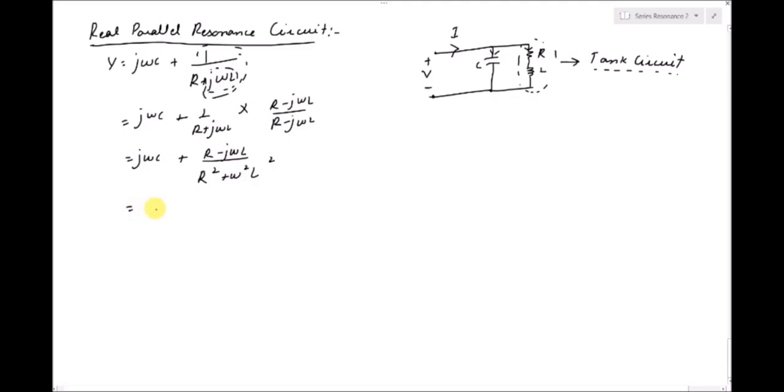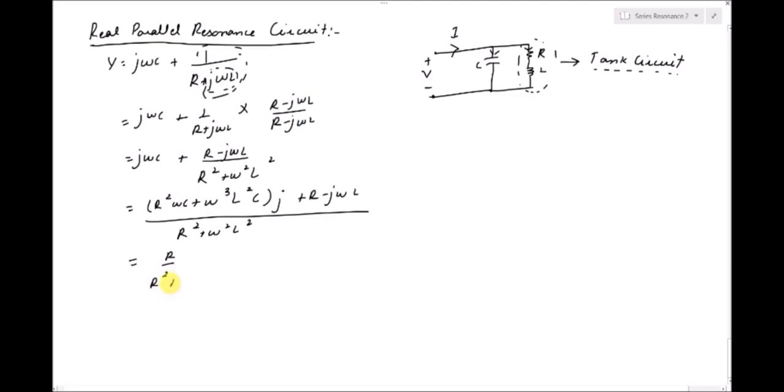So after simplifying, it will become R square omega C plus omega cube L square C j plus R minus j omega L over R square plus omega square L square, R over R square plus omega square L square plus R square plus omega square L square minus omega L over R square plus omega square L square.